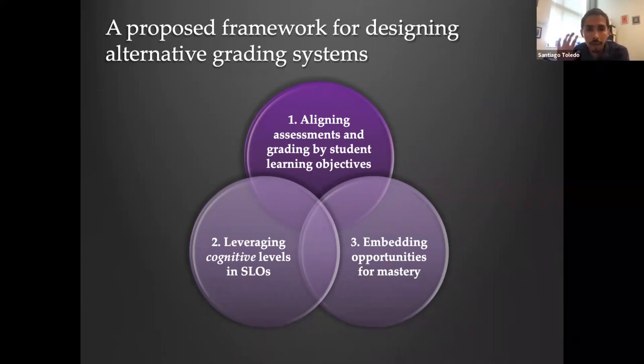So pivoting on the language in how I gave feedback for the students was important to me. I wanted to leverage the idea that I had these cognitive levels in Marzano's taxonomy. So I thought that there was another layer of feedback that I could provide my students with that. And then finally, something that is crucial and fundamental to how I want to go about my grading is the idea about embedding opportunities for mastery, as I mentioned many times.